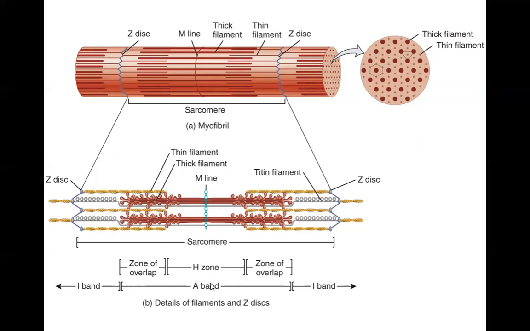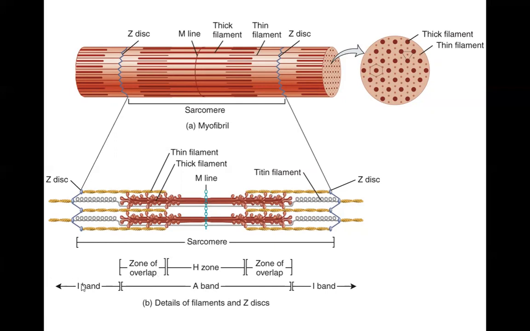The A band is going to span from one side of the thick filaments to the other side of the thick filaments. And an A band is what appears dark with regards to striations. So this is where the light, dark, light, and then another A band, dark, light, dark, light, dark, comes from. That's where the repeated arrangement of light, dark striations comes from.